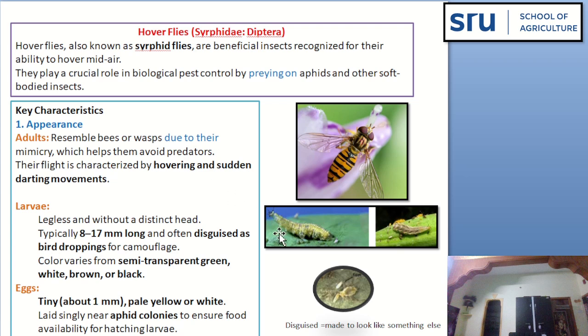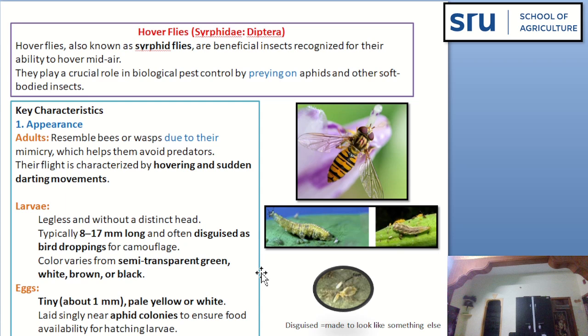Larvae. These larvae are legless and without a distinct head. Typically, they grow 8 to 17 mm long and are often disguised, looking like bird droppings, for camouflage, for confusion, to get protection from predators.